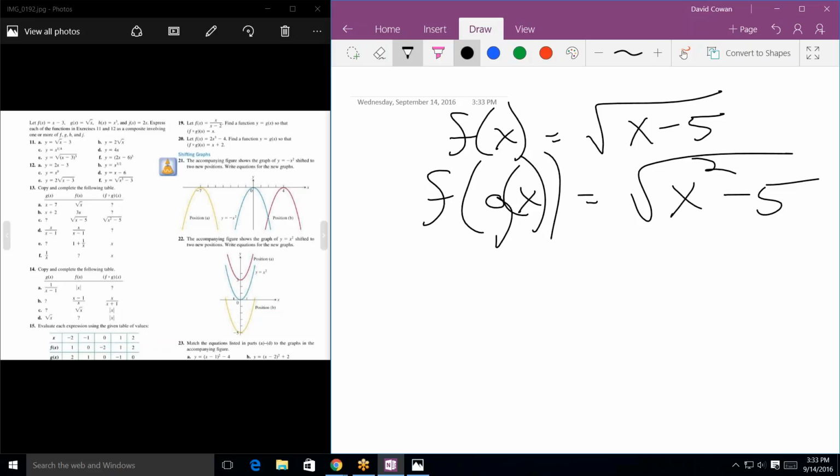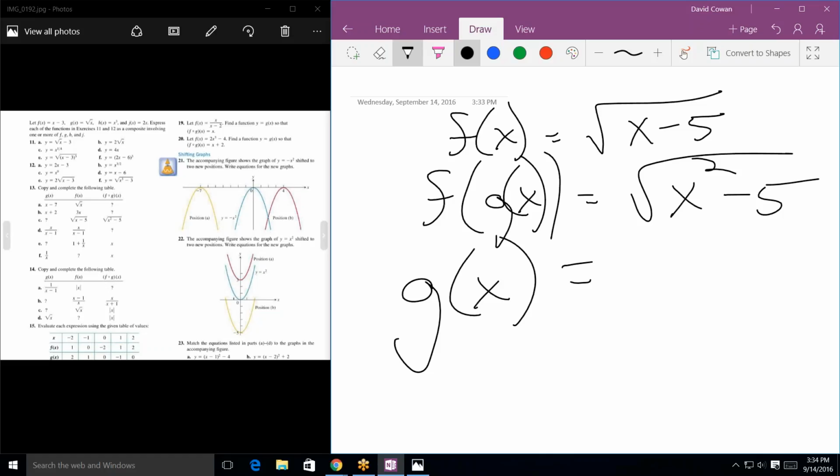So the question is, what is g of x? In other words, we kind of have to work backwards here. All right. What do you think g of x would be? Wait, so f of g of x is square root of x squared minus 5?